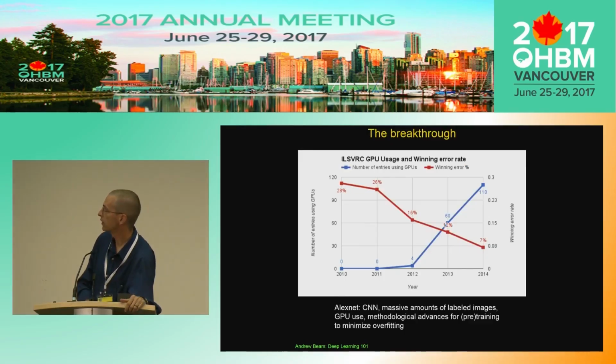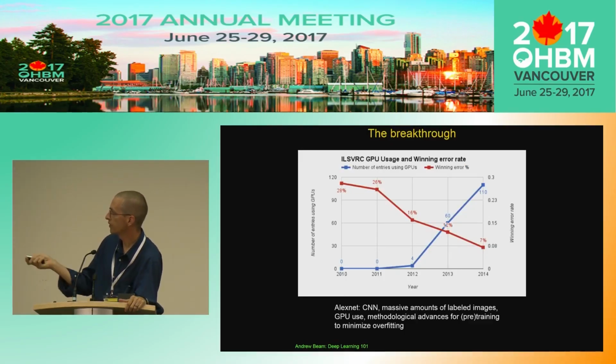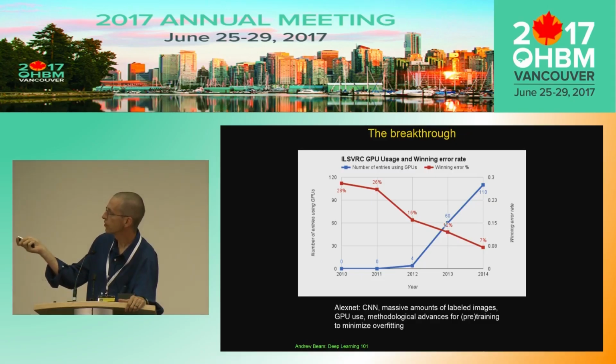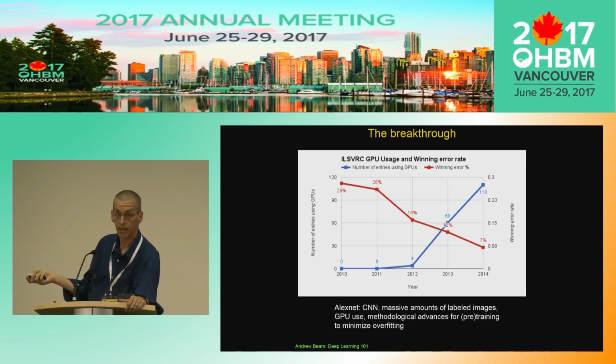Probably one of the biggest breakthroughs that happened recently was in 2012. At this image classification competition, ILSVRC, Geoff Hinton's group submitted a network called AlexNet, which was a deep network. It took about 5 days to train on many, many different images with labels associated with them.